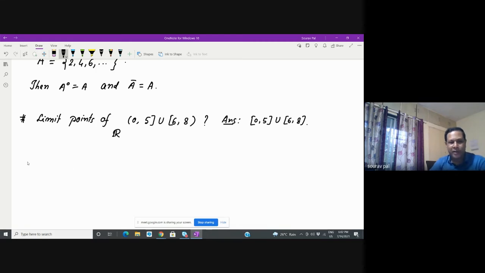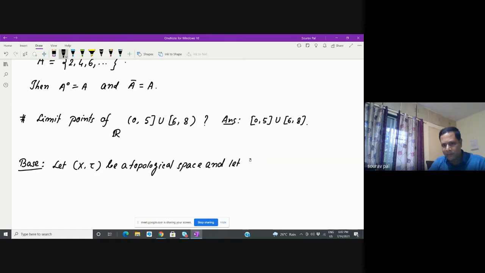Now we are going to define a base for a topology. Again, this is an important concept. Let this be a topological space, and let you have a subcollection script B from tau. So B is a subset of tau.